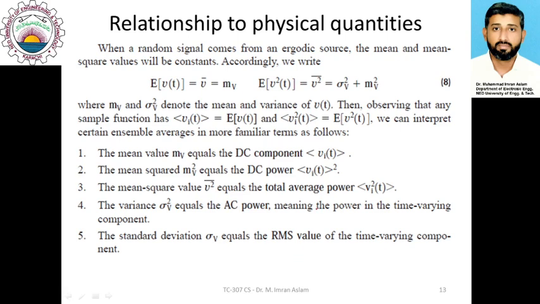You can see it from here, because in case of noise the DC component is 0, it has mean value equal to 0, so the total power is equal to the AC power, which is the variance of the noise. So for the case of noise, this variance also represents the power in the noise component.